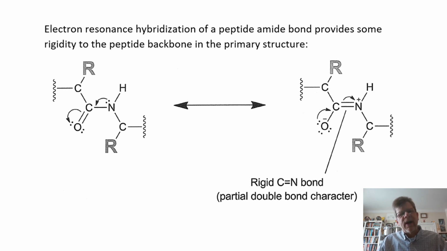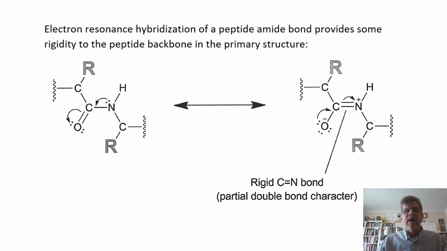Well, it turns out that the peptide backbone of a protein is not as floppy as you might think. There's a certain degree of rigidity baked into that, and that rigidity comes from the fact that it is not actually an all single bonded structure, as we see over here on the left.